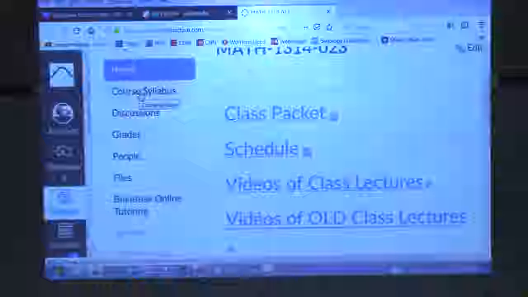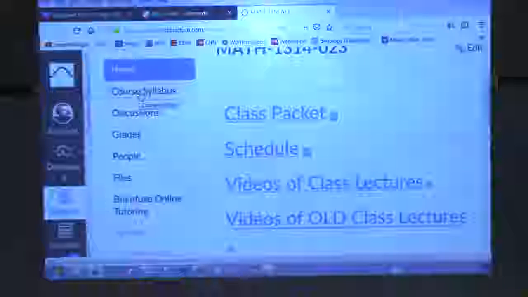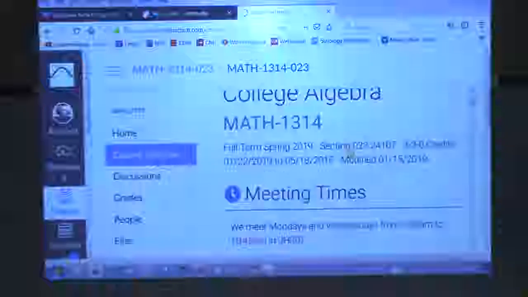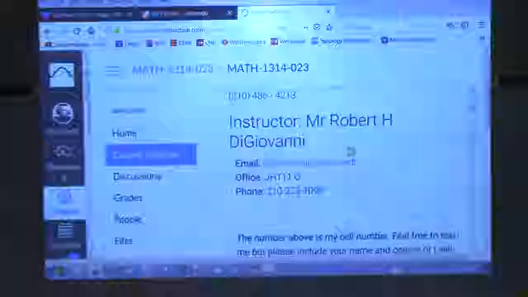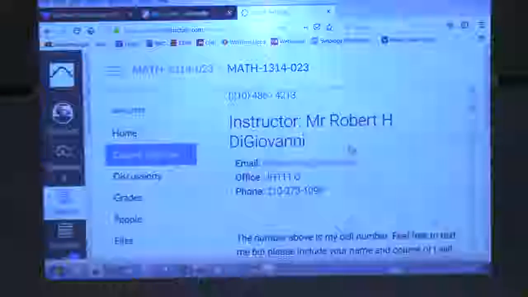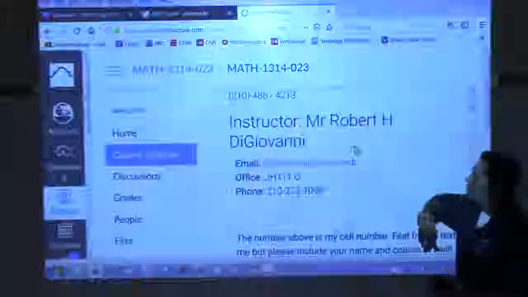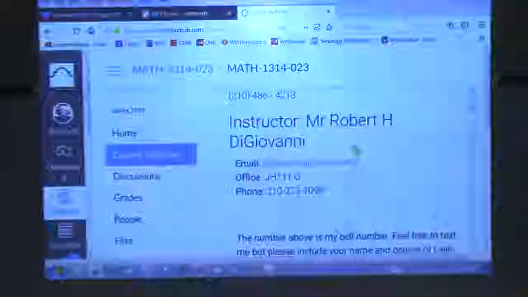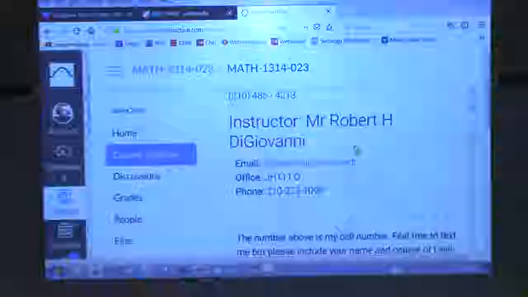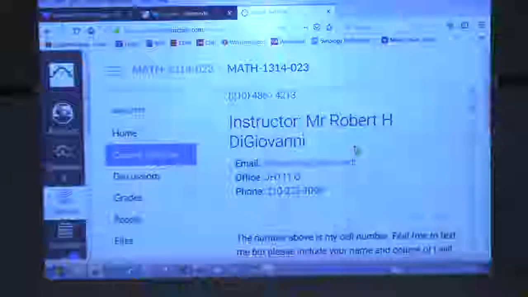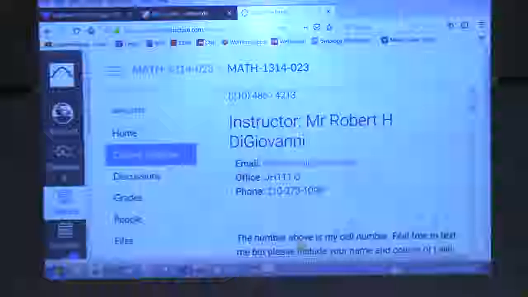I know you can all read, and we have to go through all this, but there are some important things here. First of all, my information. If you ever want to come by my office and get help, this is where you go. My name is Robert D'Giovanni. Come on in. Are you Math 13, 14? I can tell you right now if you're here.